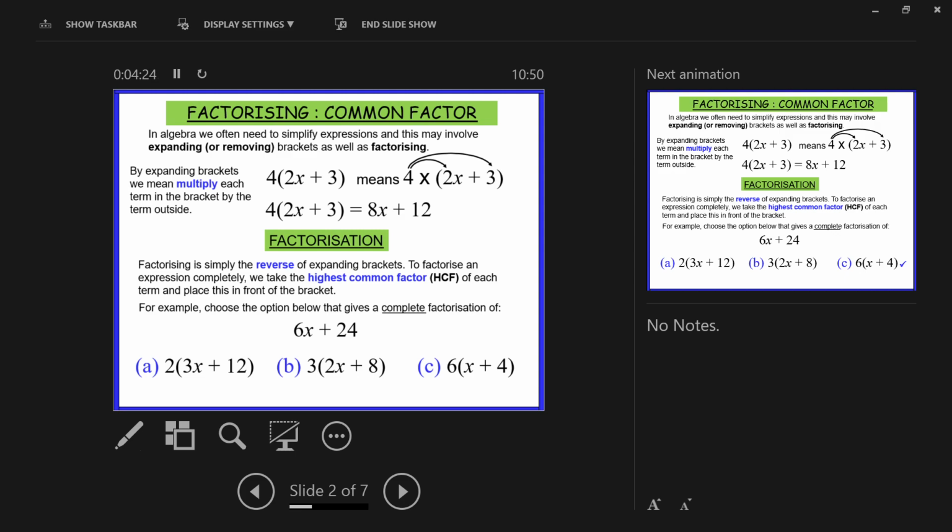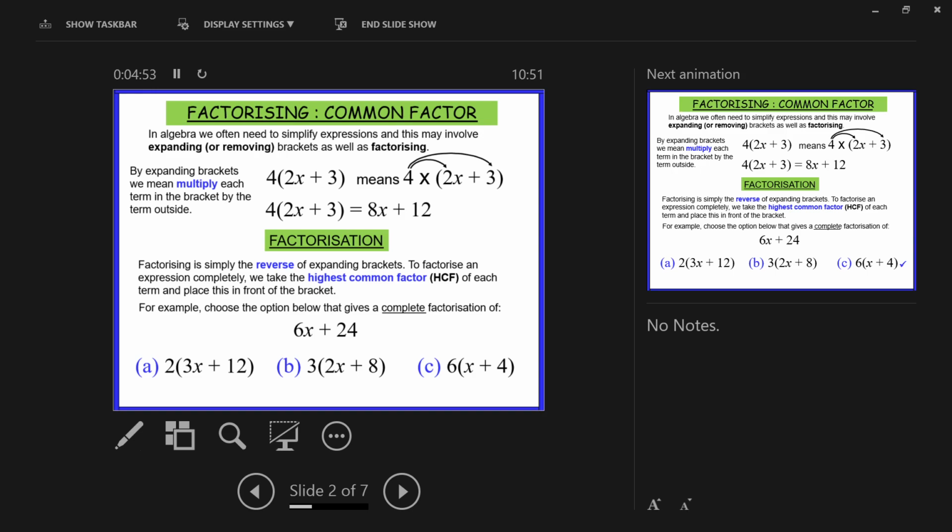Let's try 3. So let's say I decide 3 is a common factor because 3 can go into all of them. So then I know that I'm going to say 3, and then my bracket to show what's left after I took out the 3.